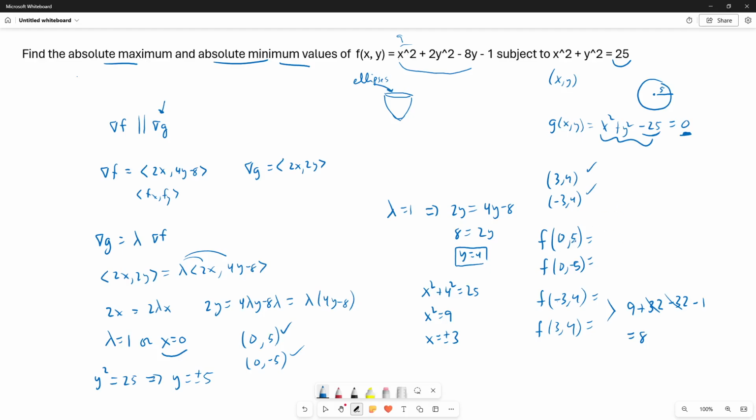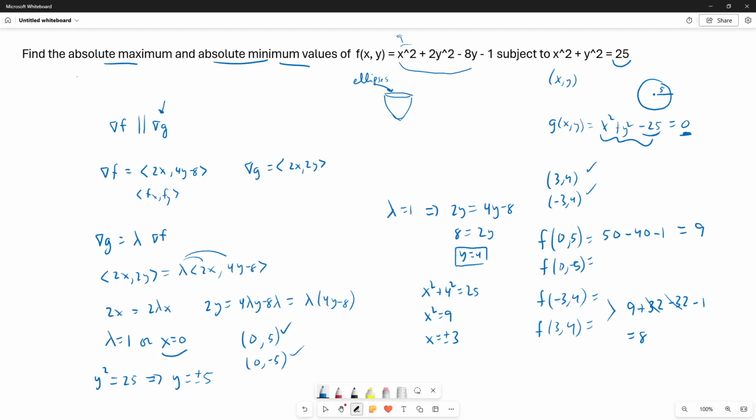And how about 0, 5? If x is 0 and y is 5, then f of 0, 5 is equal to 0 plus 5 squared is 25 times 2 is 50, minus 8 times 5 is 40, and then minus 1. And this is 10 minus 1 is 9.